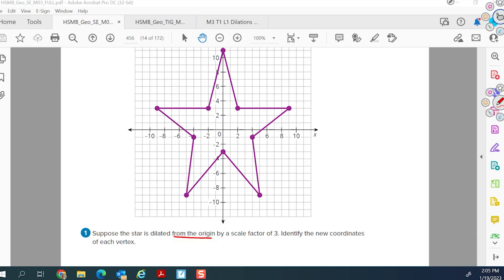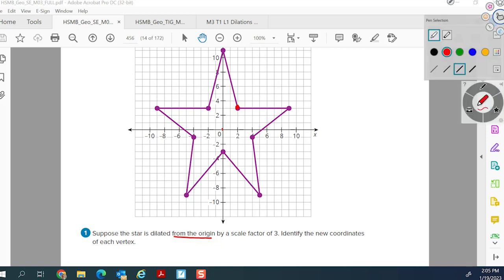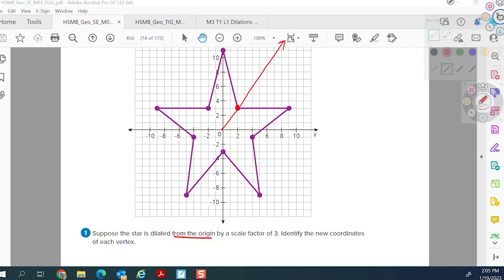If I pick some point on here, like this point right here, the way we did it before was to draw a line from the center with your ruler, through there and through there, and then we'd measure the length.